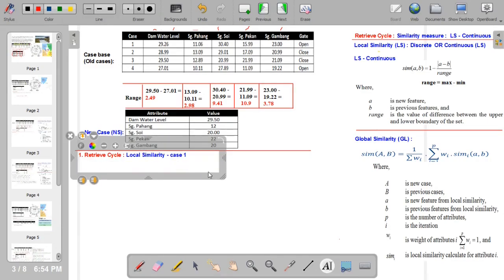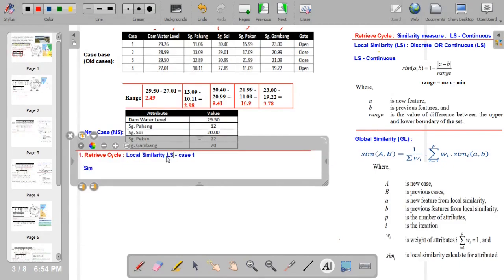So here, LS is the similarity between the first attribute's value of the new case and the first attribute's value of case 1, right?